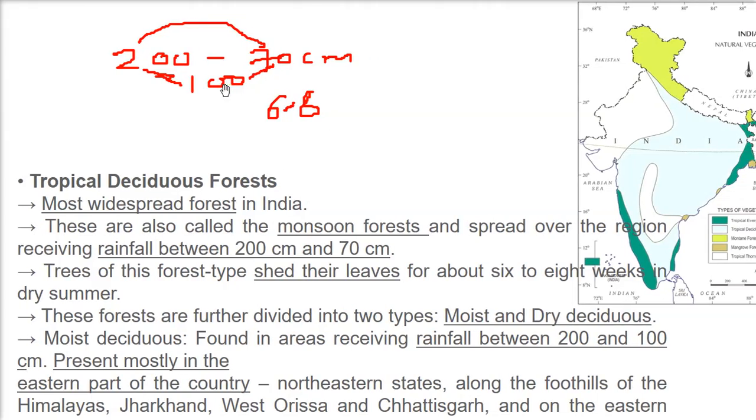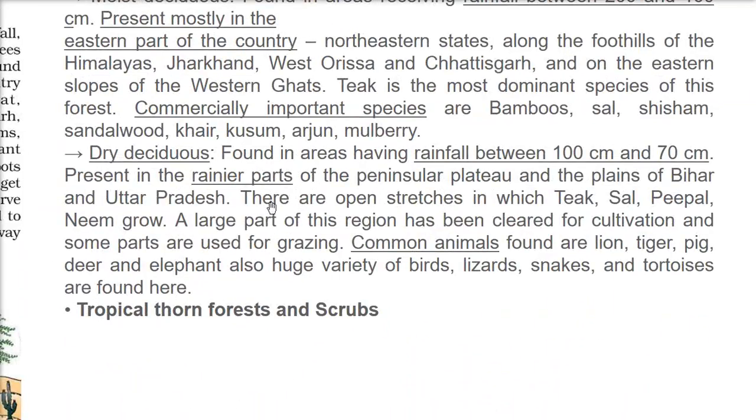Apart from this, the second part we can divide into 100 to 70, and this is called dry deciduous. So rainfall between 100 and 70 is dry deciduous, and this is present in the rainier parts of the Peninsula Plateau, because in the Peninsula Plateau there are certain parts which get quite a bit of rain, and the plains of Bihar and Uttar Pradesh. Here teak, sal, peepal and neem grow.